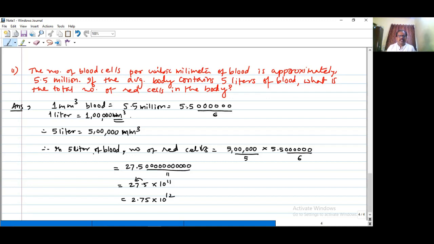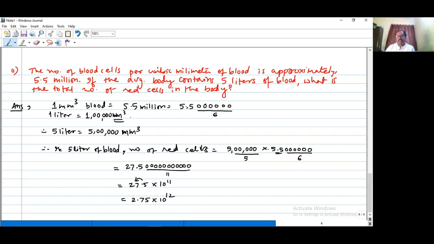Now, as a body has an average of 5 liters of blood, we can find the number of red cells in this 5 liters of blood this way. So 5 liters of blood is nothing but 5 lakh millimeter cube, and it is multiplied by 5.5 million, since each millimeter cube has 5.5 million red cells.